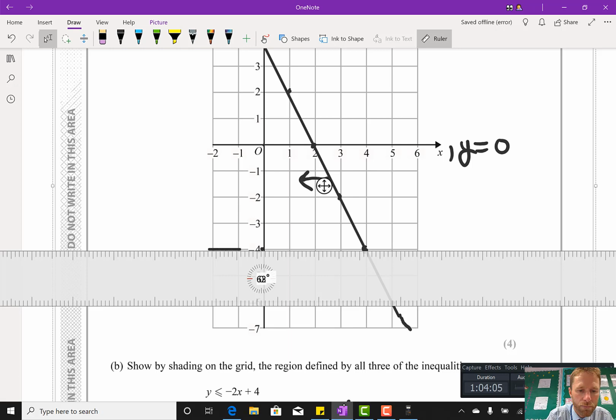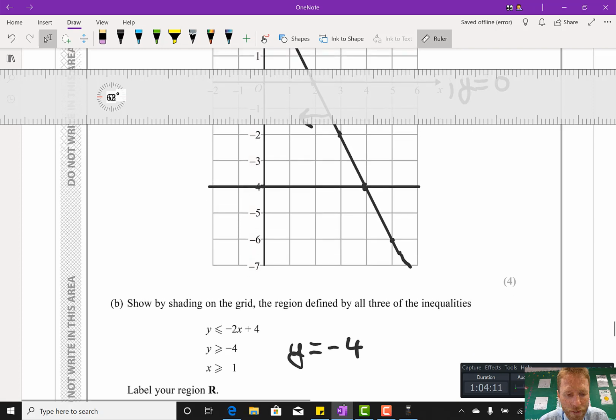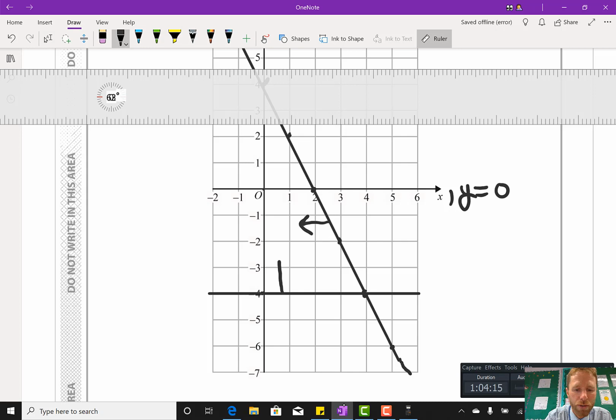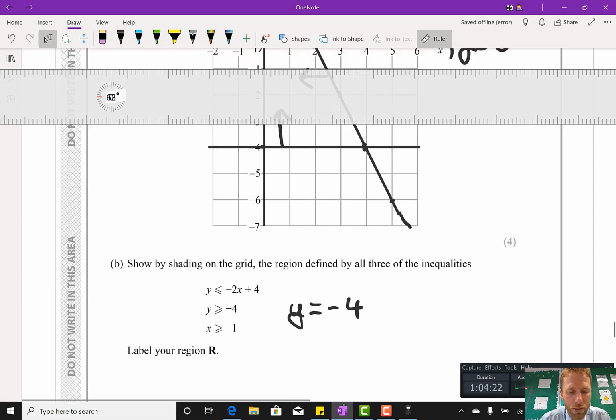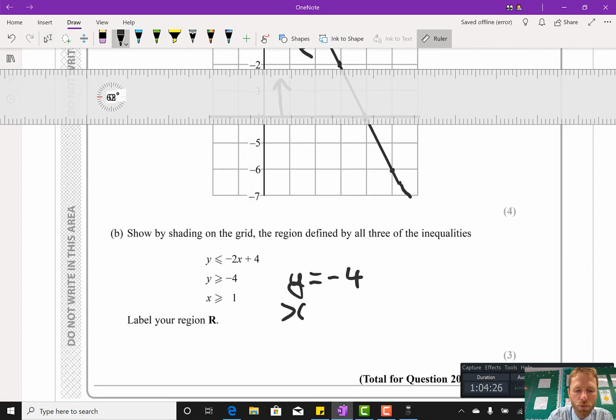Look at that, awesome. So y is greater than or equal to -4, so therefore I'm going to be above that line. Everything there is greater than or equal to -4. And the last one, x is greater than or equal to 1. So again, I'm drawing the line x equals 1. So we go back to the teachings of the Cheeseborough.